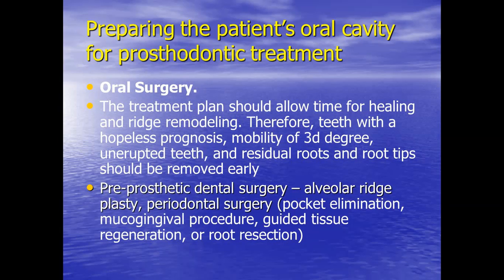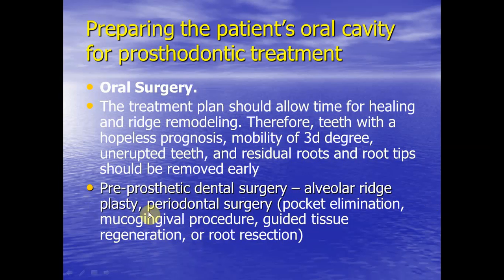Then, another kind of oral surgery help is pre-prosthetic dental surgery. This is their help for us to make a proper denture. What kind of help can we get from them? Alveolar ridge plasty, increase or decrease of alveolar ridges, correction the shape of alveolar ridges. Periodontal surgery. Sometimes periodontist is a therapeutic surgeon.